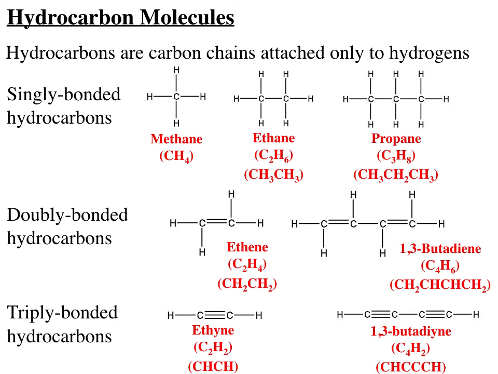You can think of it as popping an H loose and off of 2 methanes and sliding them together to form ethane. So I have a CH3 unit bonded to a CH3 unit making ethane.